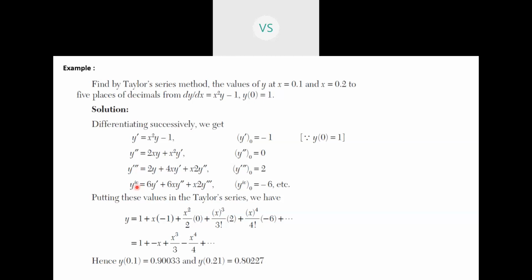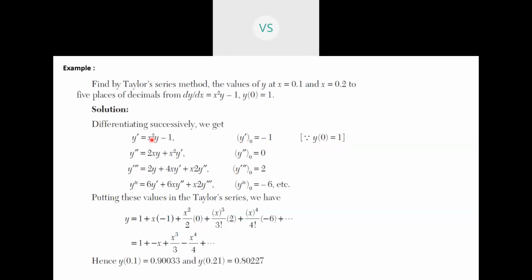Okay. Once you get these values, you have to substitute the initial values of x and y in them. Whatever you have obtained, y dash, y double dash, y triple dash, in these equations you have to substitute the initial condition, x equal to 0, y equal to 1.